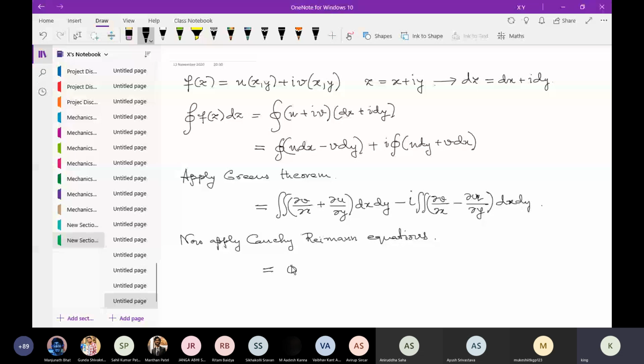So we'll be having 0 plus i0 equal to 0.